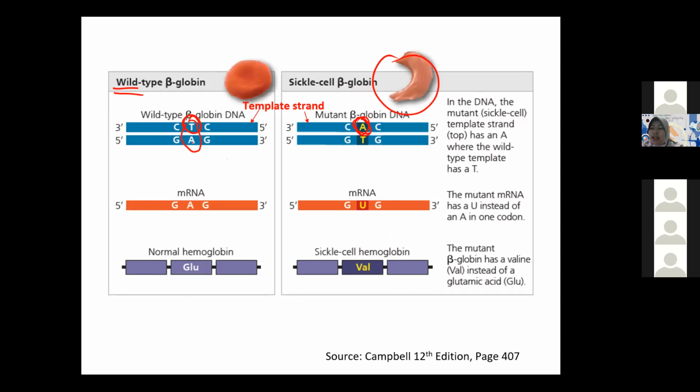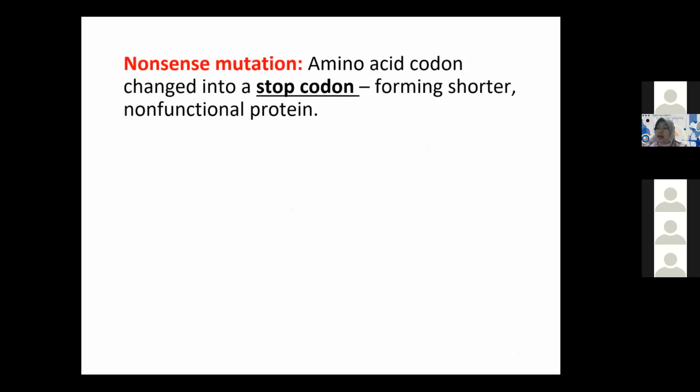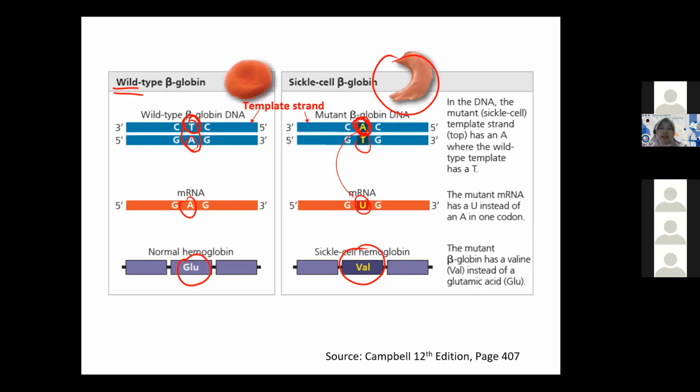The nitrogenous base pair also will be changed, and thus change the codon. Instead of ni, dia jadi ni. And when the codon changes during transcription, it might also cause the change of the amino acid. So then you can see what happened to the hemoglobin. Okay, any questions so far?